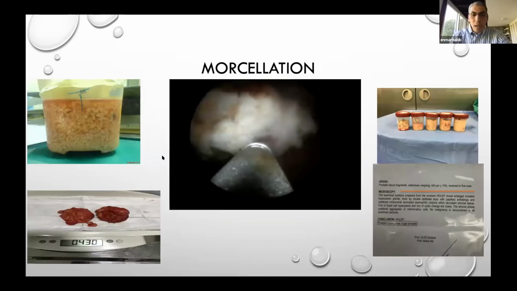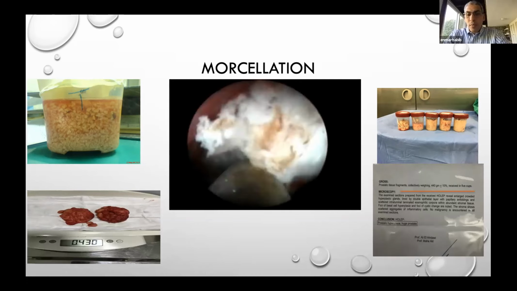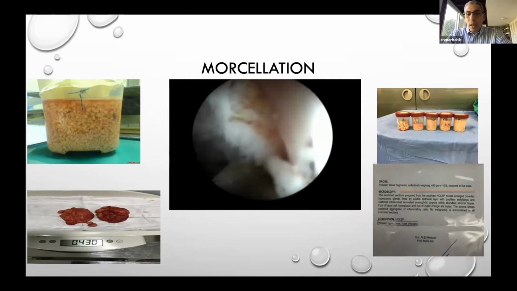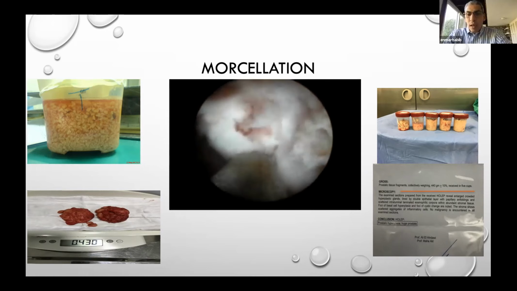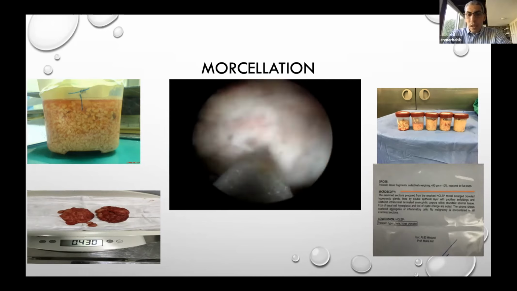The right lobe is delivered to the bladder, and you do the same for the middle lobe together with the left lateral lobe. I will skip this part for the sake of time. After you deliver the adenoma to the bladder, the next step is the morcellation.